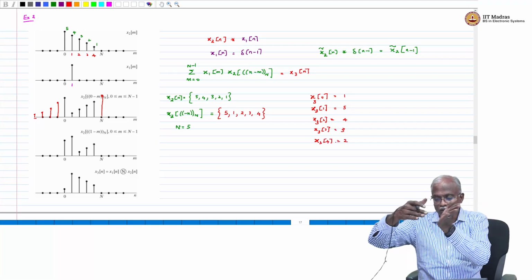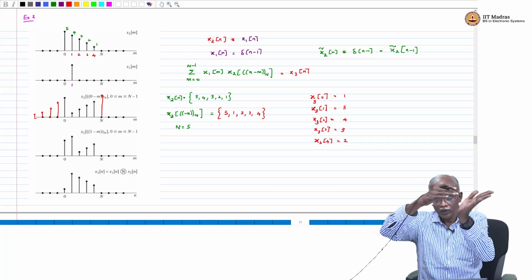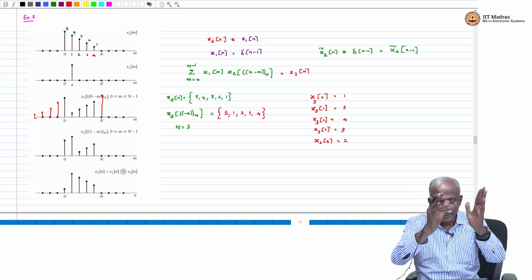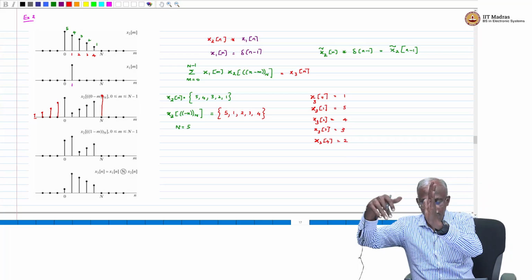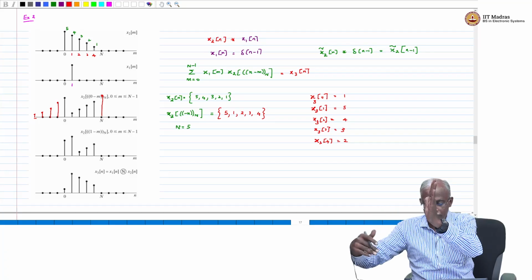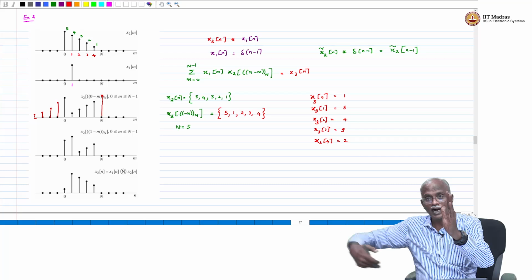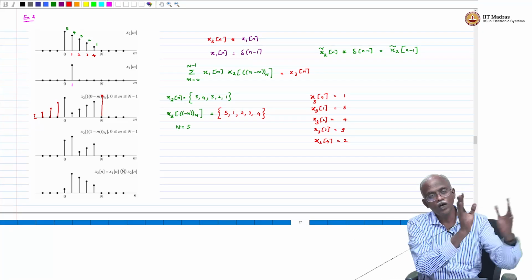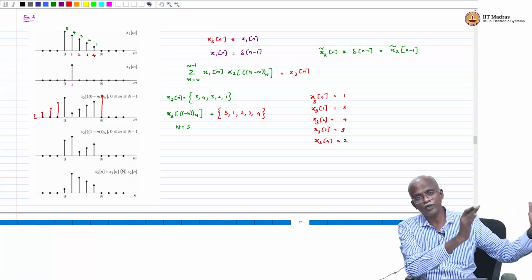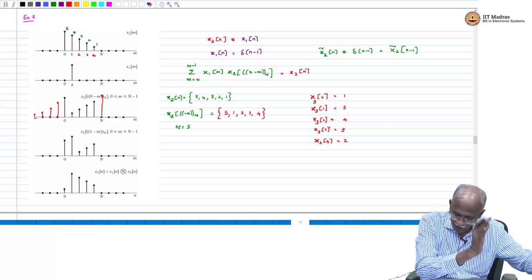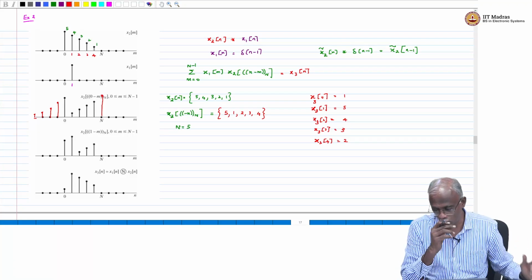So 5, 4, 3, 2, 1 was the original sequence. You shift it by 1, you get x3 of 1 is 5, 4, 3, 2. What happened to the first sample? Either you can think of it as a circular wraparound or as the periodic extension of the preceding copy of the signal.